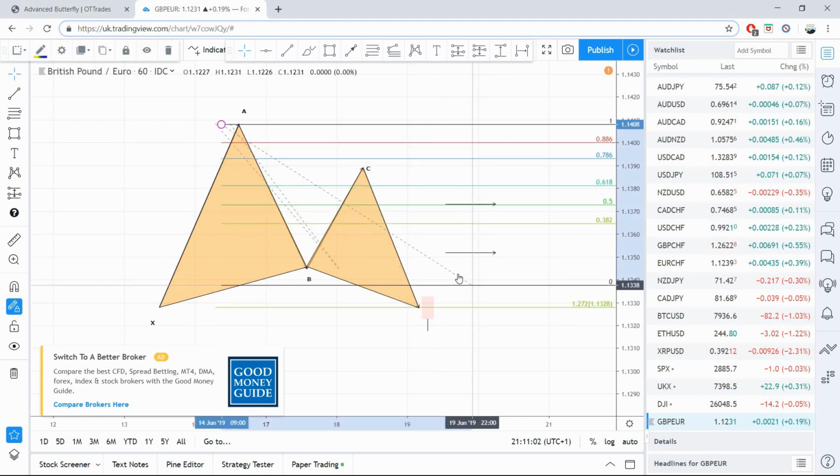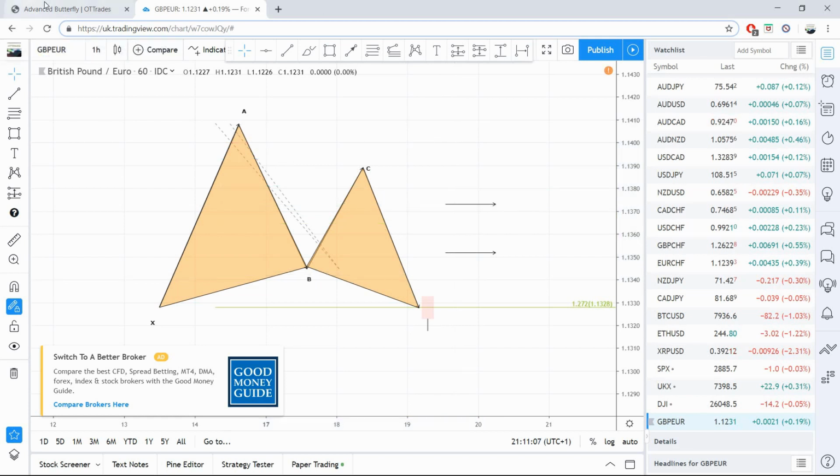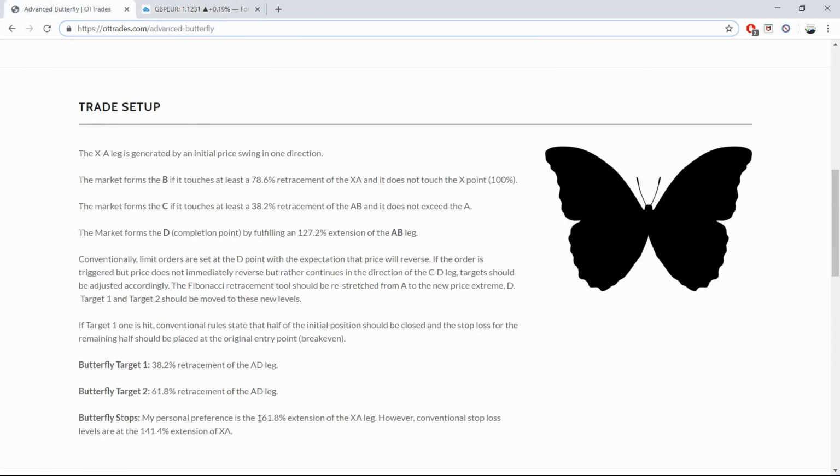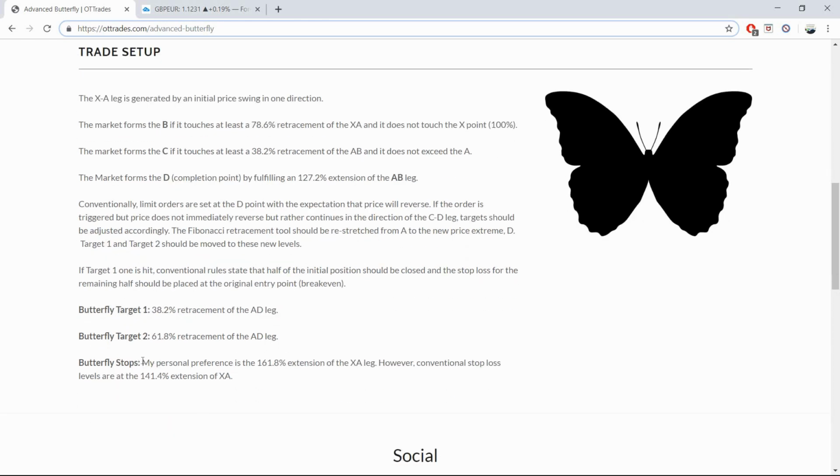Eventually, if we do our stop loss now, so the stops are going to be based on, like I said, this is just for the butterfly advanced pattern, based on my back testing. I back tested thousands of trades, and I've come to the conclusion that the 1618 extension of XA works better for the stop loss levels rather than the conventional 1414 level.